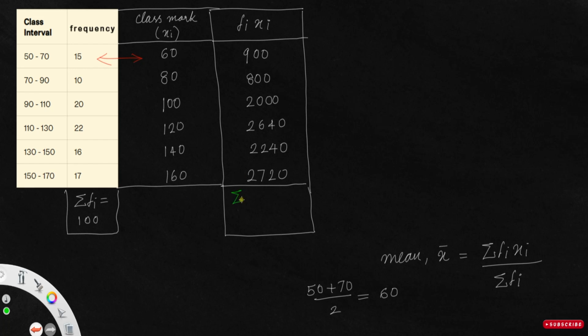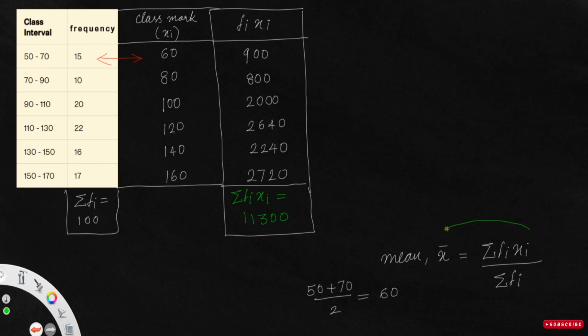When you add 900 plus 800 plus 2000 plus 2640 plus 2240 plus 2720, the answer will be 11,300. So that's our sigma fi xi.